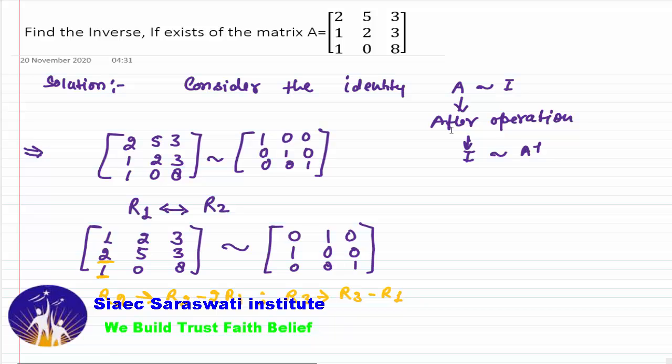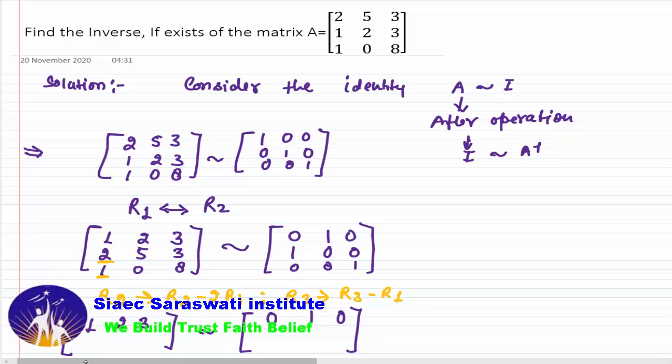So the value will be, when we apply the above property, R2 और R3 के जो एलिमेंट हैं वो चेंज होंगे, R1 का एलिमेंट चेंज नहीं होगा। So copy it, so 1 2 3, okay, and equivalent to this it will be 0 1 0. Since R2 और R3 के एलिमेंट चेंज होंगे, so it will be 0 and that will be, when you multiply with 2, that will be 4, and 5 में से 4 को minus करेंगे, so it will be 1.